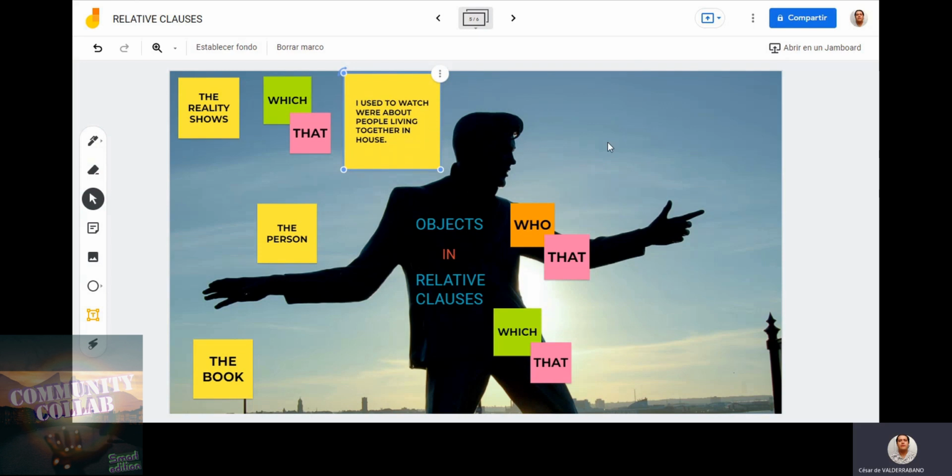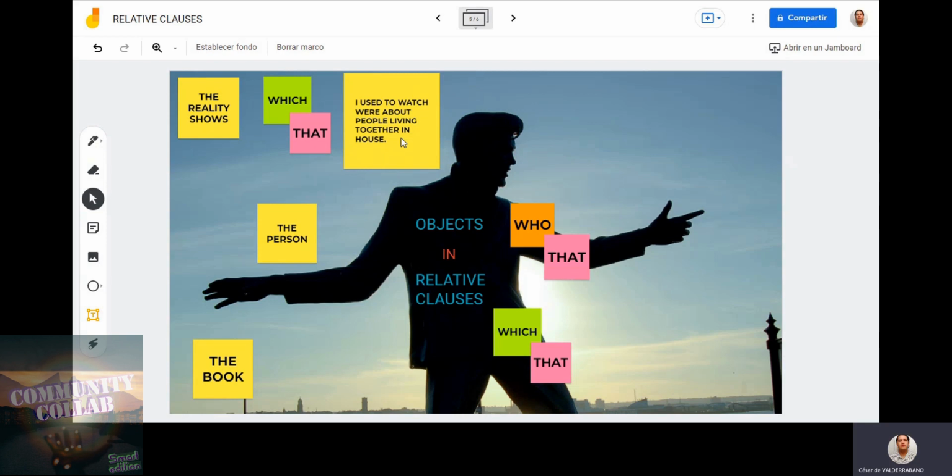It was called Big Brother. Remember that? Well, you probably don't remember because you are very young. But it was like that, like Big Brother. Anyways, so the reality shows which or that I used to watch were about people living together in a house.